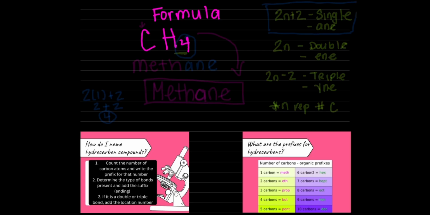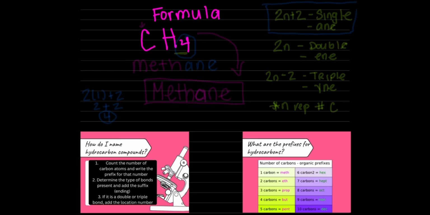Now, if they give you the formula, that means that they want you to identify the name of that hydrocarbon. Now, at the bottom left-hand corner, I do have 3 steps to help us to identify this.